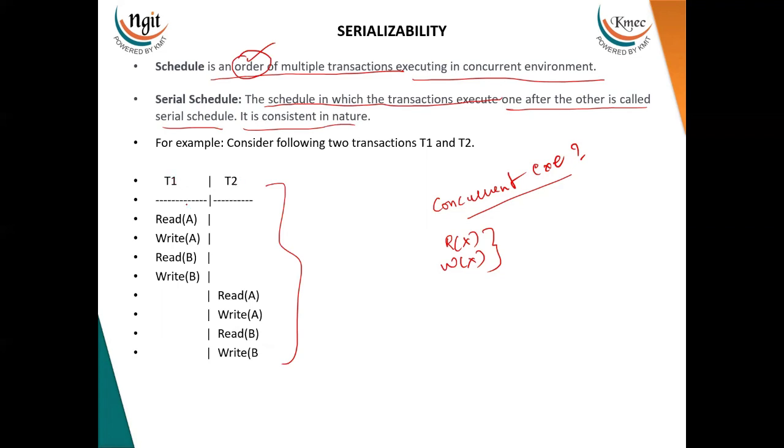T1 transaction has performed read and write operations on the data items A and B. Once this job is finished, T2 transaction performs its operations on the data items A and B. So if the transactions are executed one after the other, then there is no matter of conflicts here. Obviously, the data will be consistent in nature. Clear? This is about the serial schedule.